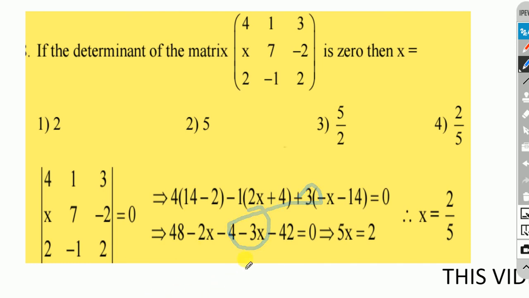So that is nothing but minus 2x minus 3x is minus 5x, and 48 minus 4 is plus 44, 44 minus 42 is 2. So minus 5x minus 2 equals 0, or 5x is equal to 2, or x is equal to 2 by 5. So therefore option 4 is the right answer for this question.